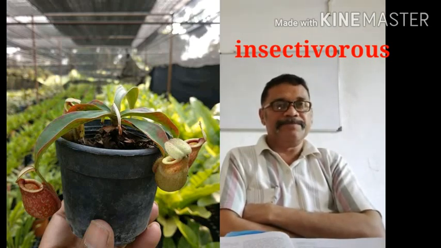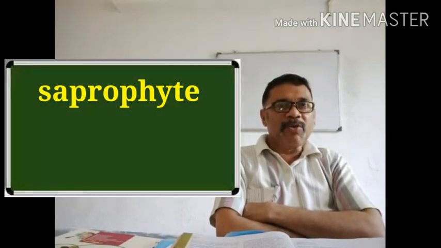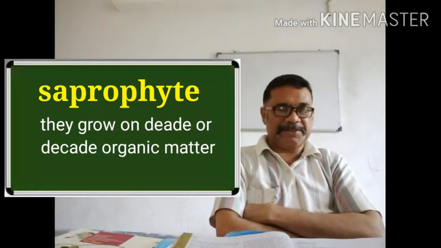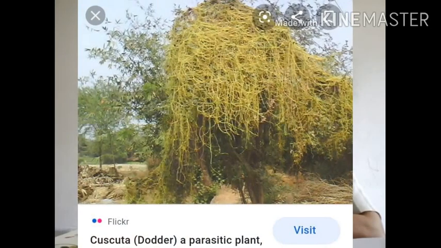Some are saprophytes. Saprophyte means they grow on dead and decayed organic matter. For example, mushrooms and molds are saprophytes. Pitcher plant and Venus flytrap are examples of insectivorous plants. And a parasitic plant is Amarbel, Cuscuta. It just looks like a yellow thread, like a golden thread.